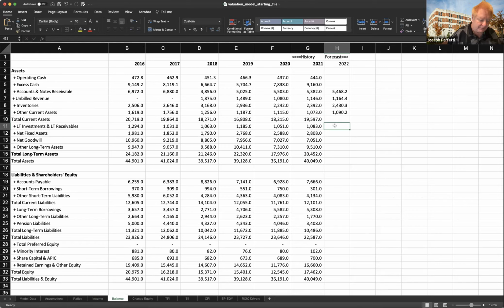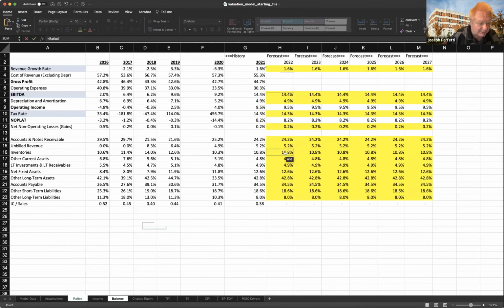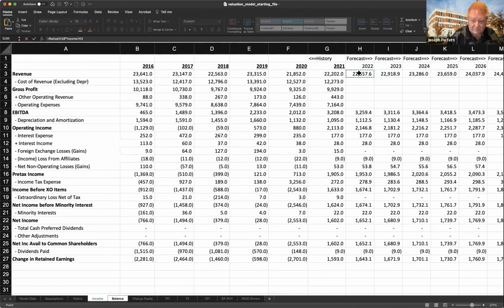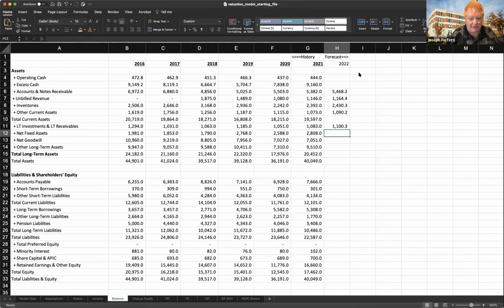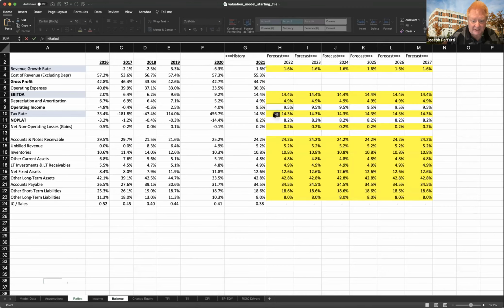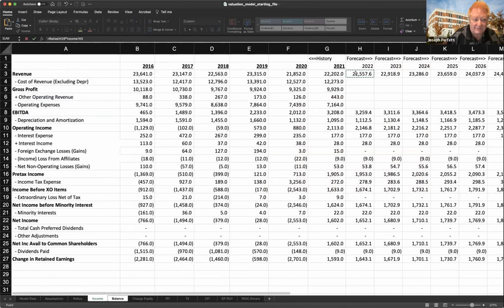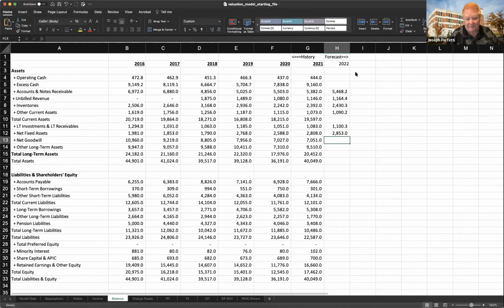The next ratio is long-term investments: from the ratios tab, long-term investments as a percentage of sales is H18, times income H3, gets me 1,100.3 of long-term investments. Net fixed assets equals, from the ratios tab, H19, times from the income tab 2022 revenue, H3. That gets me 2,853 of net fixed assets.